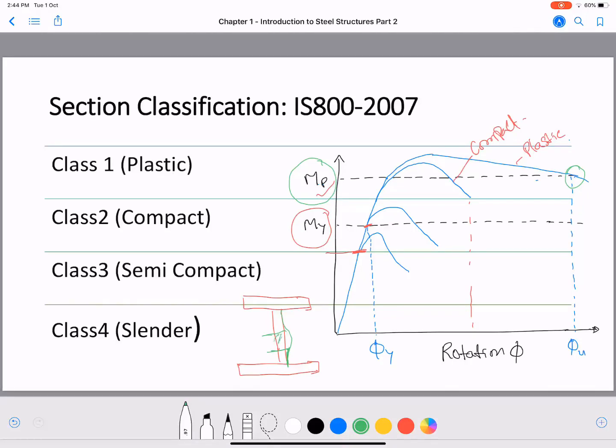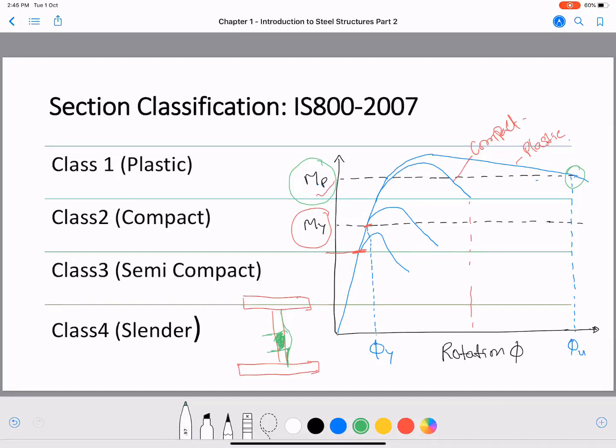So you will be deducting this portion of the section. That means the total cross-sectional properties minus this cross-sectional property will be taken into consideration. When the partial section properties have been taken out, limited section properties are available for that particular section. If you multiply it by the stress, you will get less moment capacity compared to the semi-compact, compact and plastic. So if a section is slender, the moment capacity is less, and going up, plastic has the highest moment capacity.